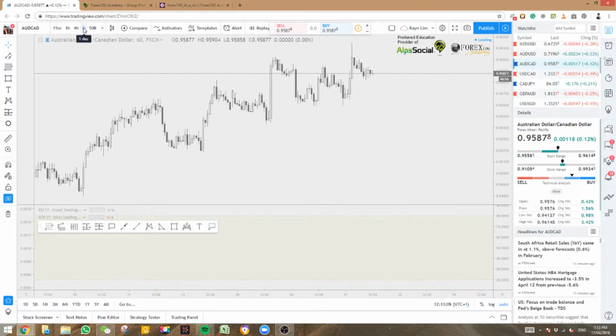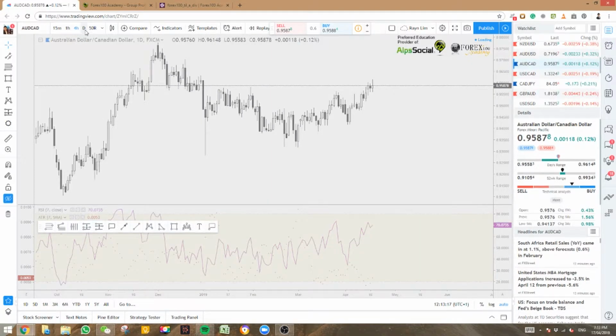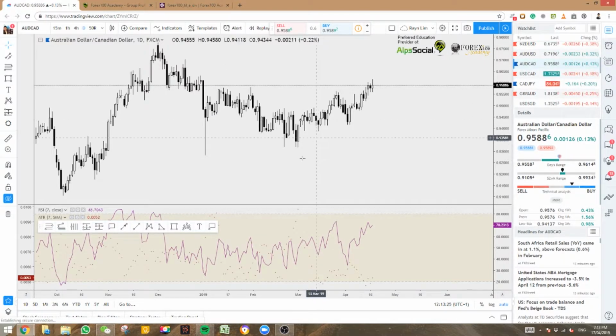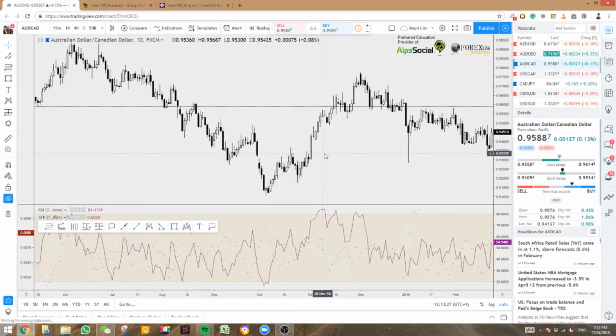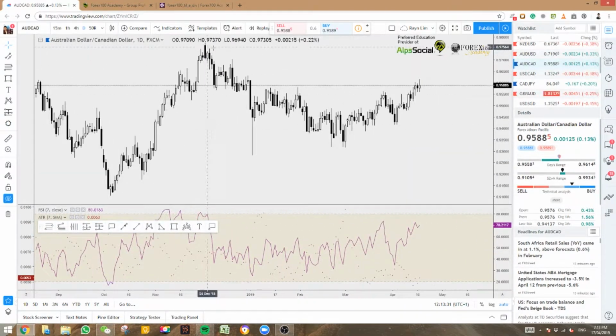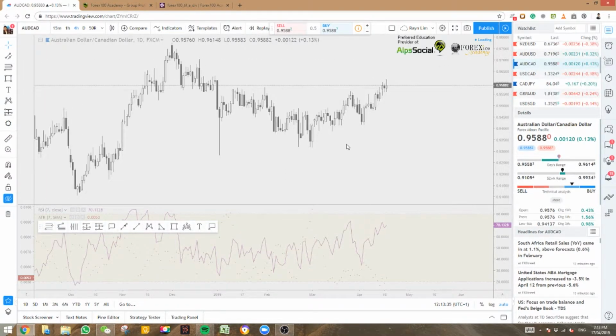Let us see, and wait for the candle to load. Alright, so on the daily chart, we have a downtrend movement. This was the previous high of the downtrend. Take note of that. Head down to the 4 hour chart.